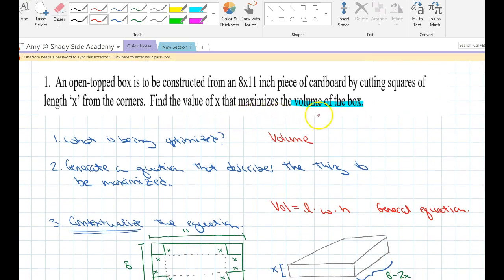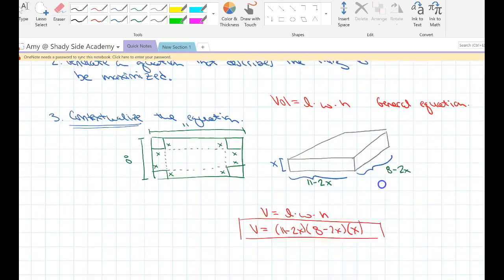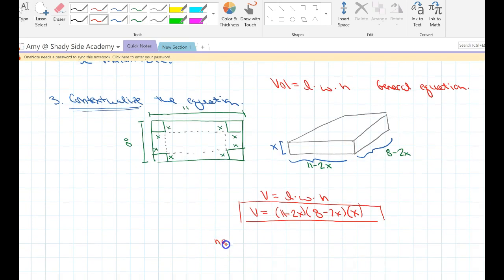Find the value of x that maximizes the volume of the box. We need to find x such that V is absolutely maximized. The volume is as large as possible.